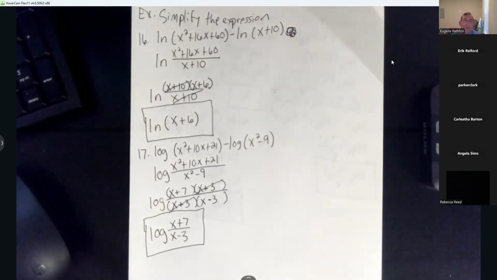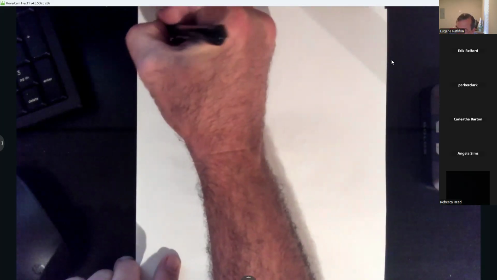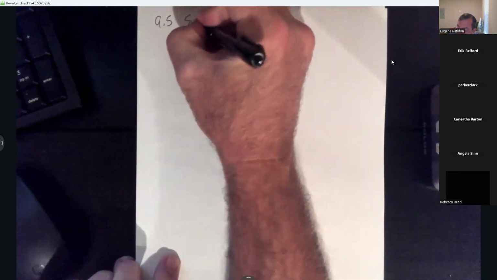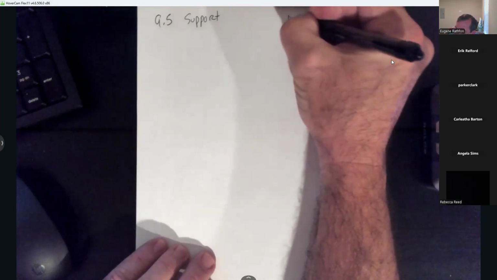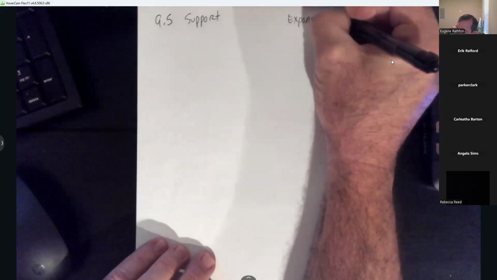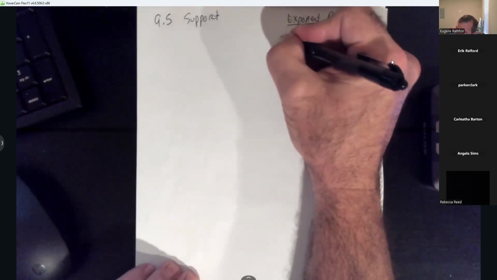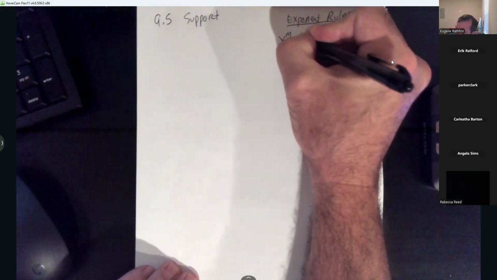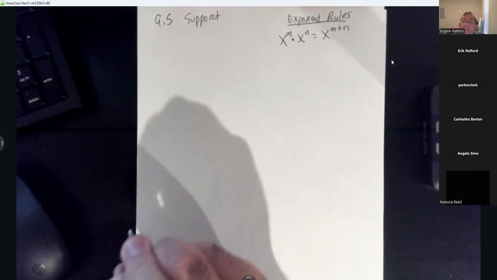So now I wanted to do a little bit of the support to keep y'all honest with those exponent rules, okay? All right, y'all, so this would be 9.5 support. It's going to go over these exponent rules that I'm about to write right here. You have a product rule that says x to the m times x to the n equals x to the m plus n.